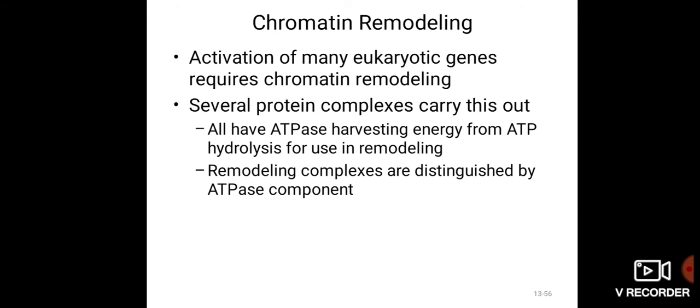But in order to elongate and complete the transcription, you need the whole gene to be free, so that the polymerase can easily produce the RNAs. So for that we need these nucleosomes to reposition, or in other words change their position, either to get away from the DNA molecule and set the DNA free so that the transcriptional proteins can be involved in the process of transcription, or even the replicational process can easily take place.